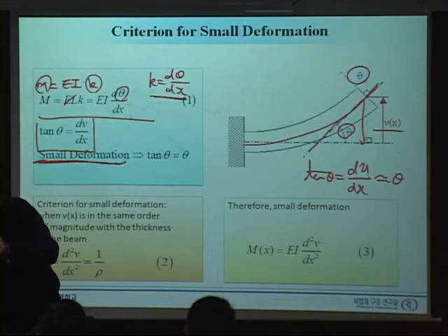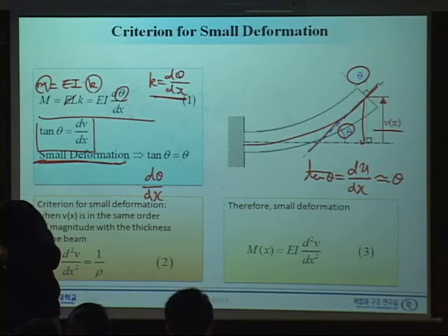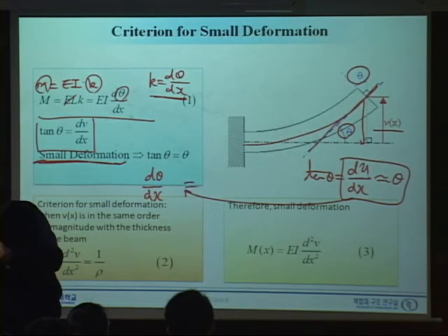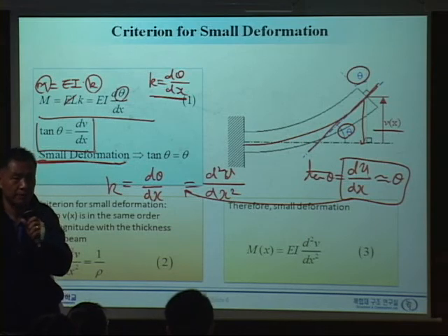So this d theta/dx, and theta is given as this one, and if we put it here, then the curvature will be the twice derivative of v, d squared v/dx squared, right?